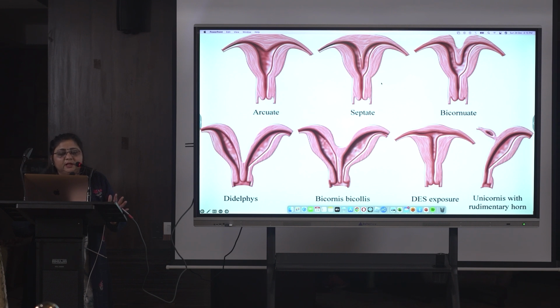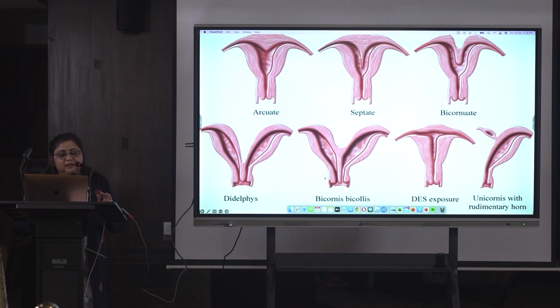These are like normal anatomical pictures: arcuate, with a little indentation here; septate, this is actually a partial septate indentation. Then bicornuate means external indentation. Uterus didelphys means both sides are developing normally. Then bicollis means 2 vaginas.